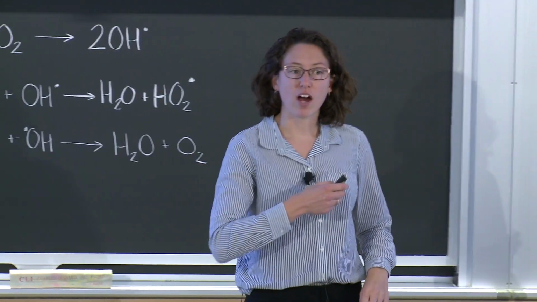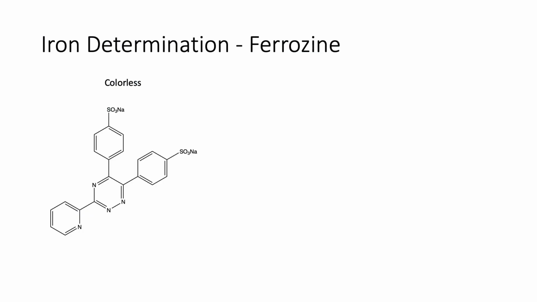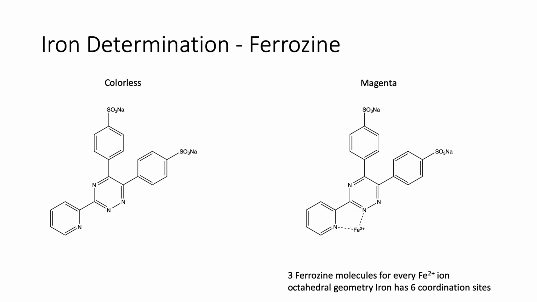Once we have our amount of catalase protein, we can determine the amount of iron in the protein. We'll be doing that using the Ferrozine assay. This is the structure of Ferrozine. The Ferrozine molecule by itself is colorless, and when you complex it with iron, it turns into a magenta color.